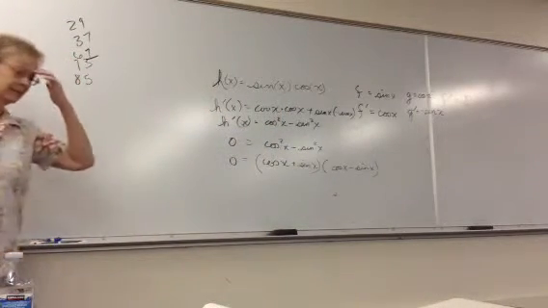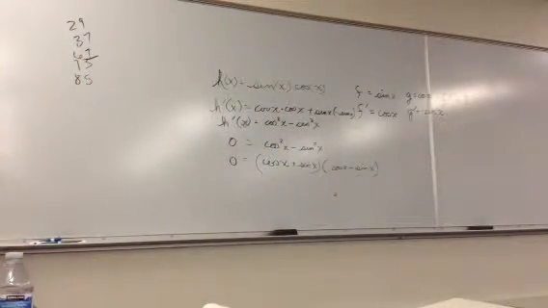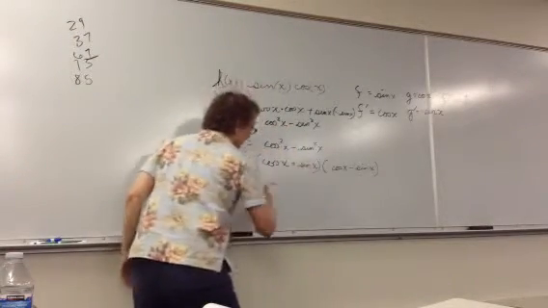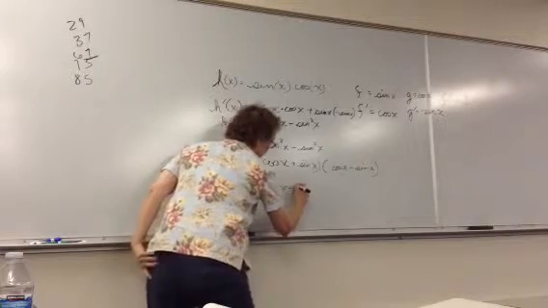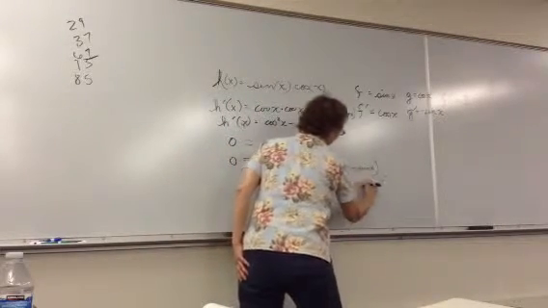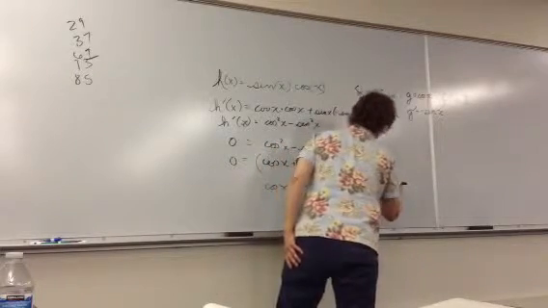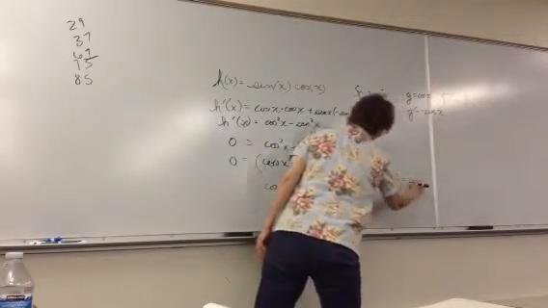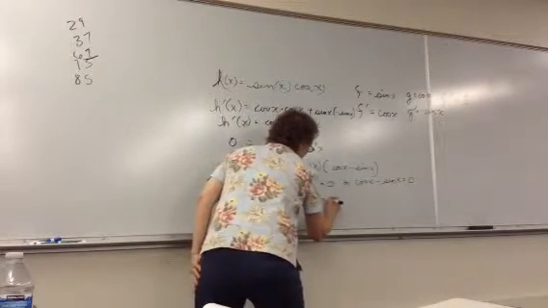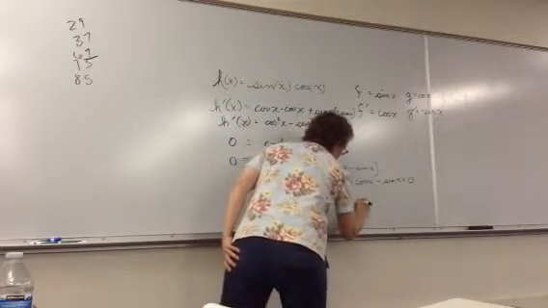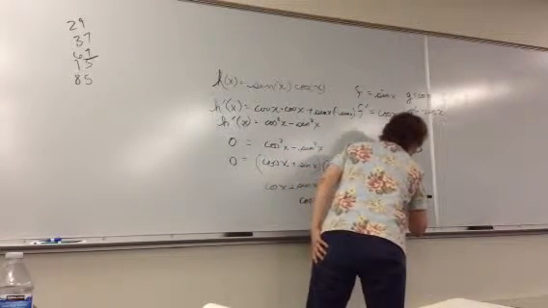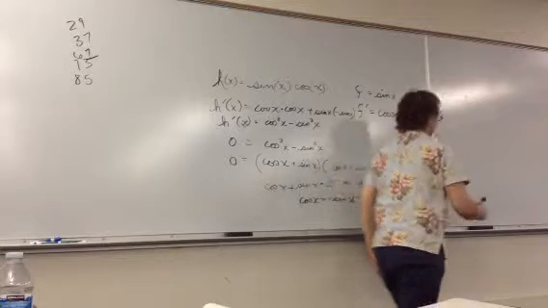And then I can use the zero product principle and say one of those factors has to be 0 or they're both 0. So cosine x plus sine x equals 0, or cosine x minus sine x equals 0, which means where does cosine x equal negative sine x? And where does cosine x equal sine of x?